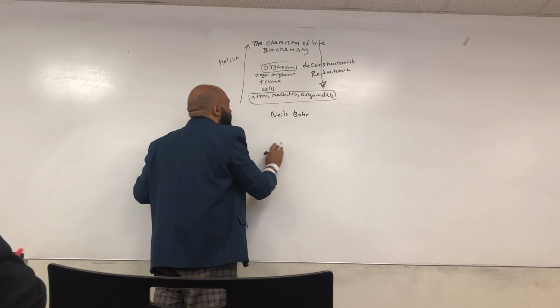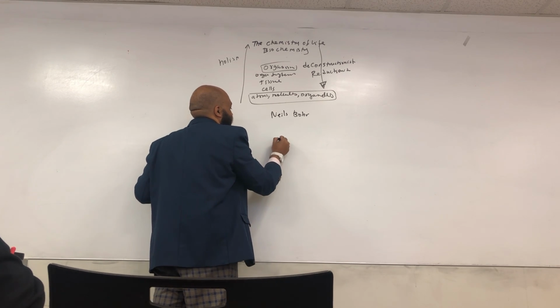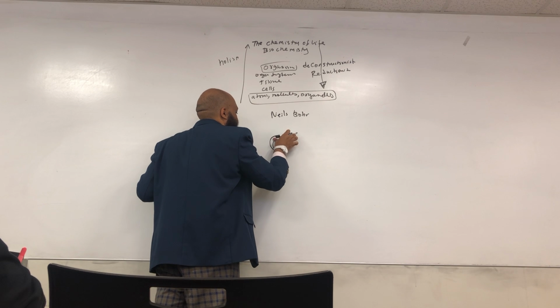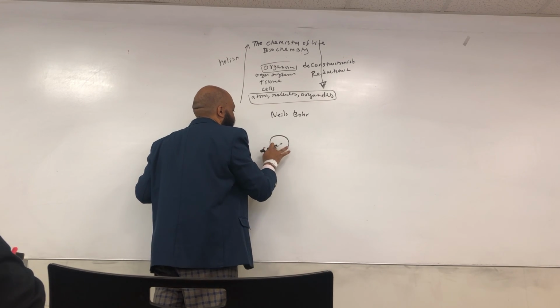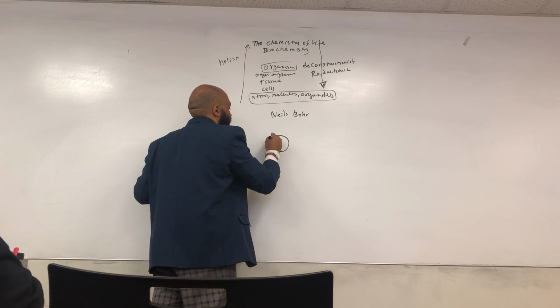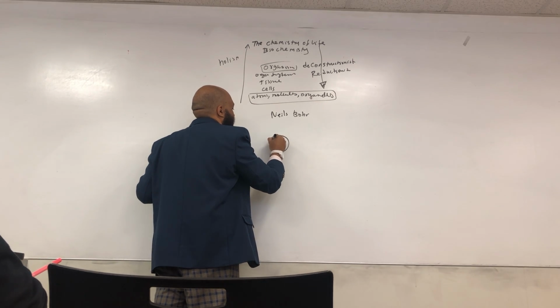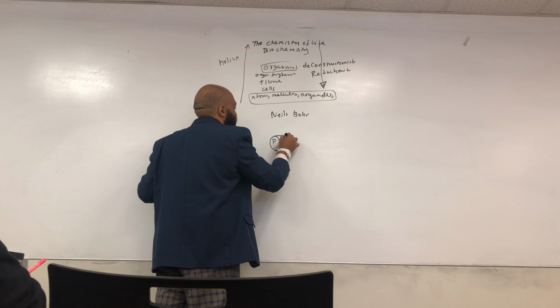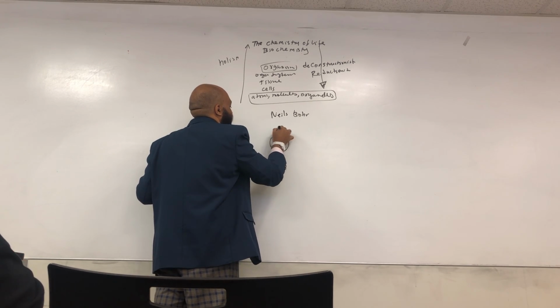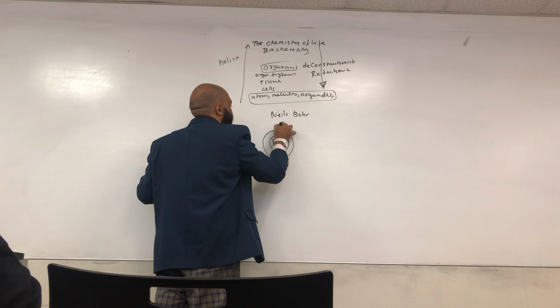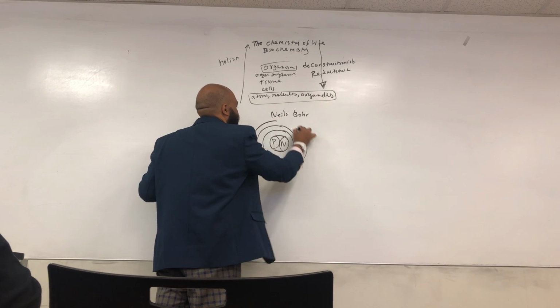So Niels Bohr is very interesting because he said there is a nucleus. In the nucleus, you have protons and you have neutrons, and then you have electrons spinning around.